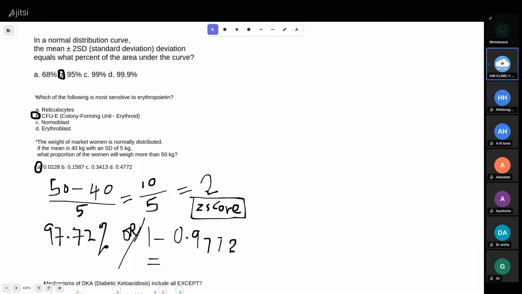So whenever you see, you have to know the characteristics of all these autoimmune diseases, right? So SLE, scleroderma, okay, things like that.